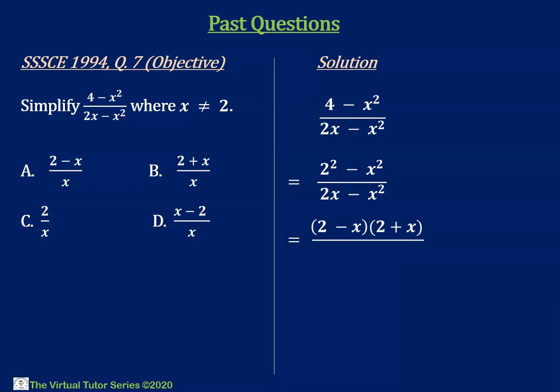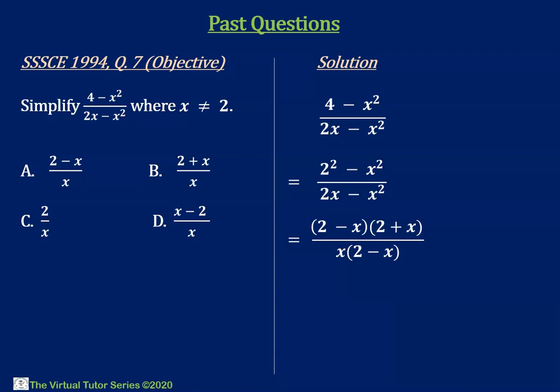The common factor of 2x - x² is x. So we can factor x out to have x(2 - x).